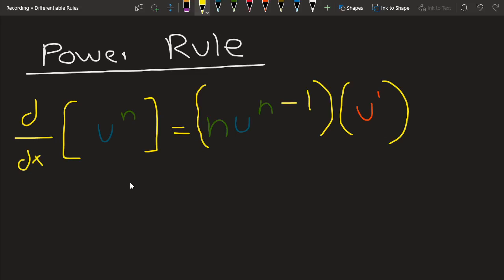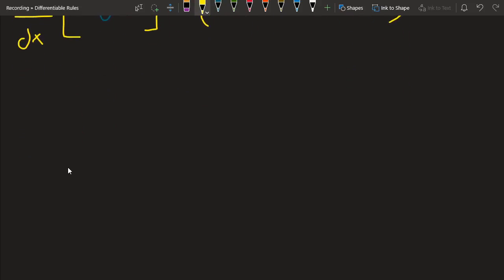Alright, so if you copied it down, let's try to do a few practice problems with it. For our first practice problem, let's say we're given that y equals sine cubed of x.